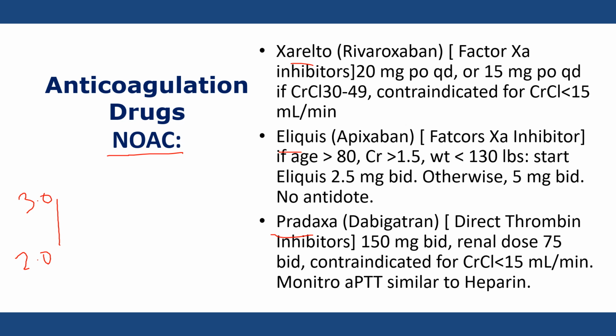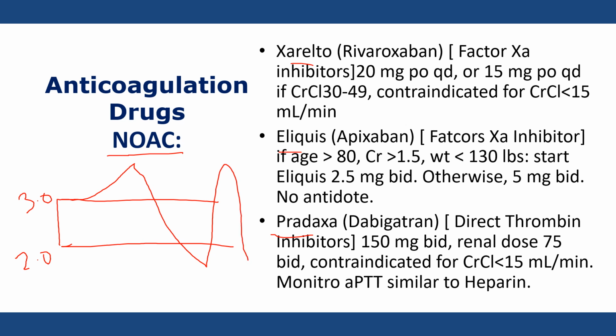So on any given day, if you are not within the range, if you're up more than 3.0, supratherapeutic, you are at risk of bleeding, and then if you fall below 2.0, you're at risk of blood clots. And both options are bad, right? Bleeding is bad and blood clots are also bad.